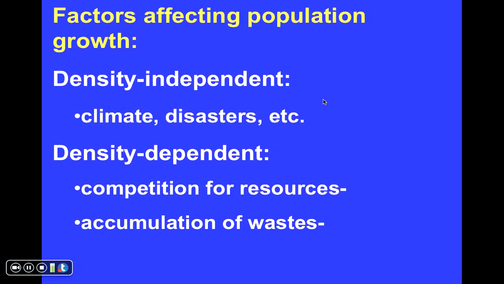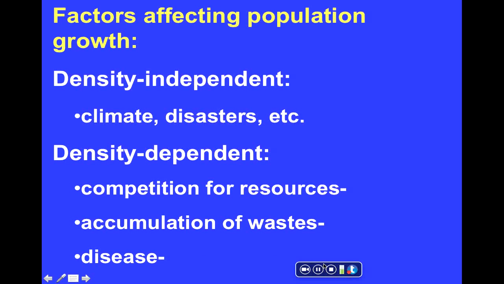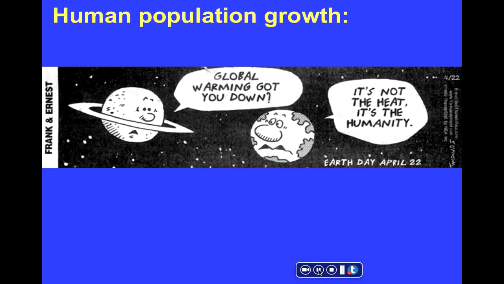Also, the more organisms there are, the more difficult it might be to deal with wastes that might accumulate in the environment. So again, that can have an impact. Also, the spread of many diseases is determined largely by the density or the size of the population in question. Okay, so again, just illustrating various density-dependent and independent factors.